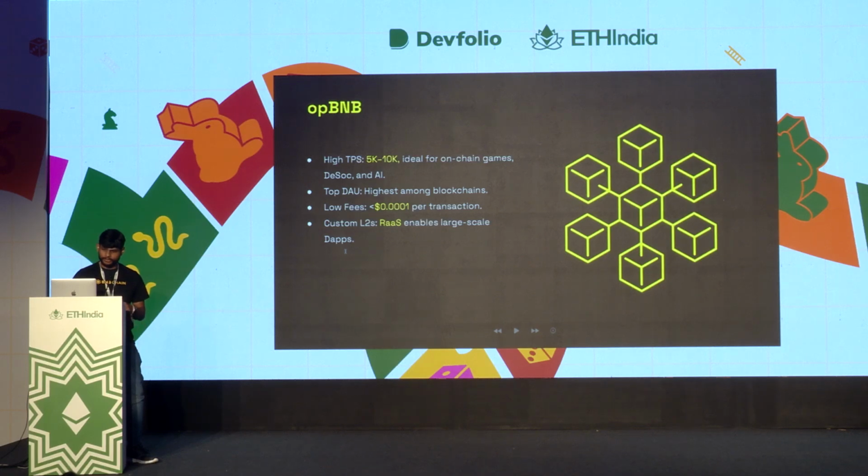So next comes the L2 side of things. The L2 of BSC is called opBNB. It has very high TPS. If an L1 already has a high TPS, then its corresponding L2 is automatically going to have good performance as well as low fees. In this case, we have 5K to 10K TPS, and it's ideal for on-chain games and decentralized social media platforms as well as AI.